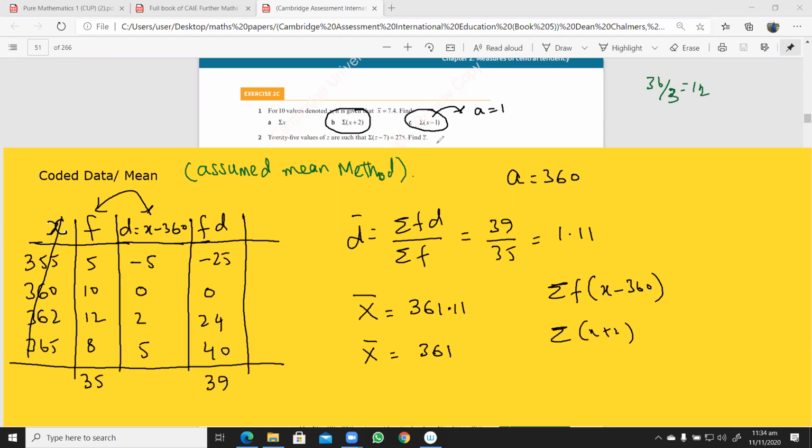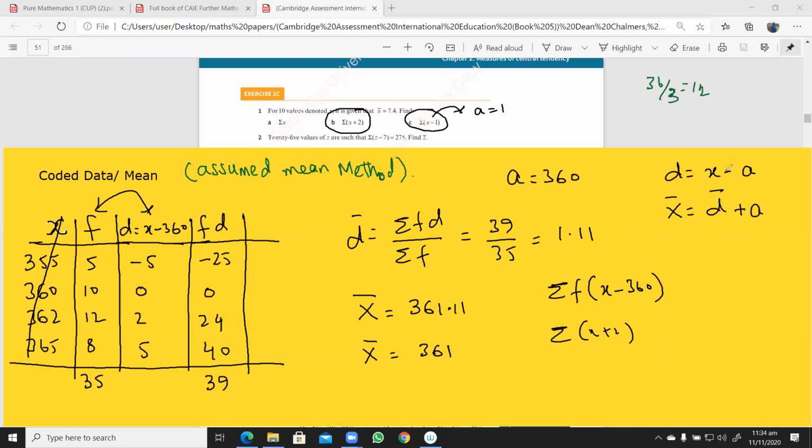Okay, guys. So the rules that you will be applying over here: your D is going to be X minus A, and your mean would be then the mean of these deviations, and you put that A back.